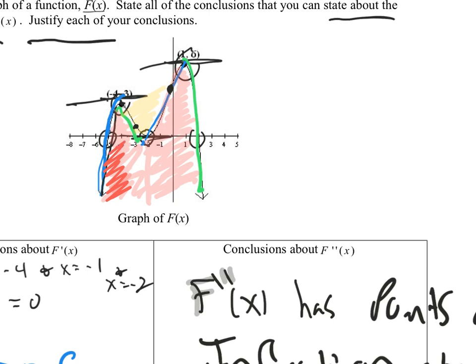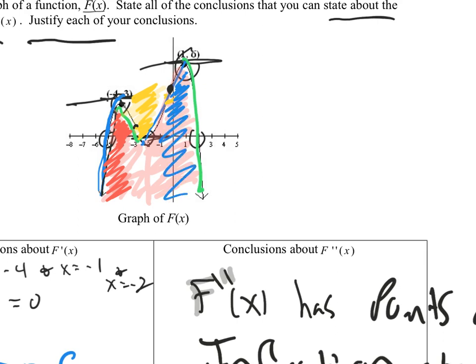Concavity down to here. Then it makes this great miraculous change to concave up here, and then miraculously it's concave down again.